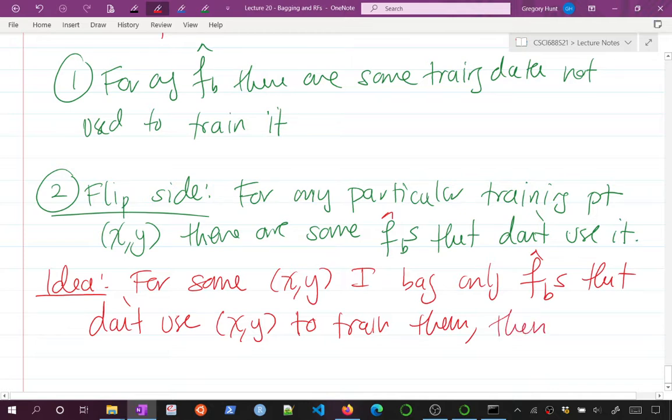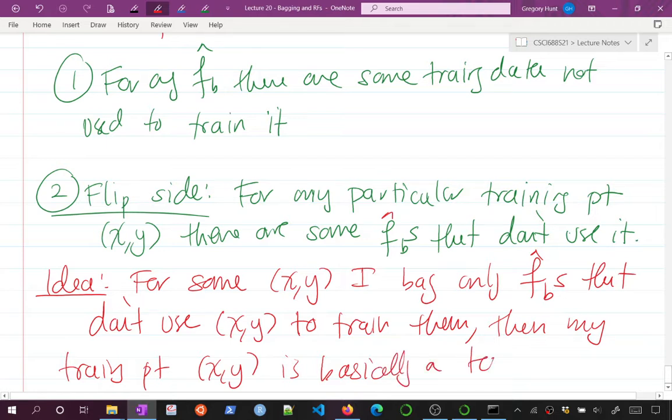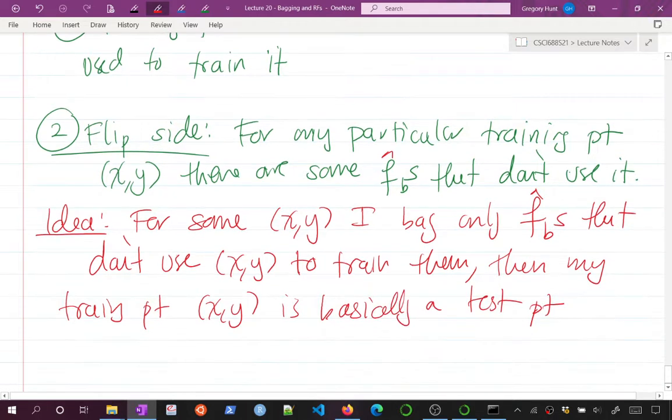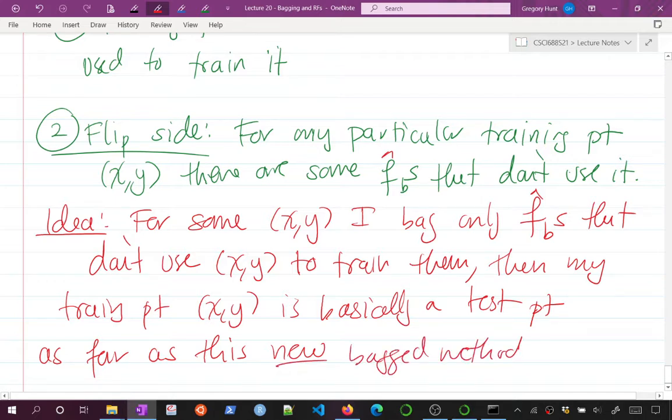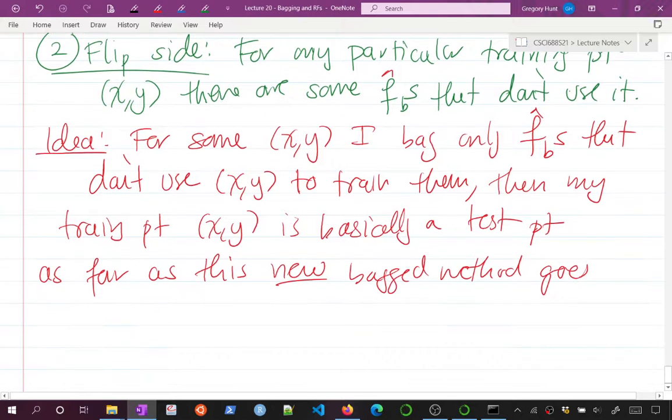then my training point (x, y) is basically a test point as far as this new bagged method goes. So the idea is that for any individual training point, there's going to be some collection of these f_b's that don't actually use it in their training. And so as far as that collection of f_b's is concerned, this little training point, (x, y), is a test point.